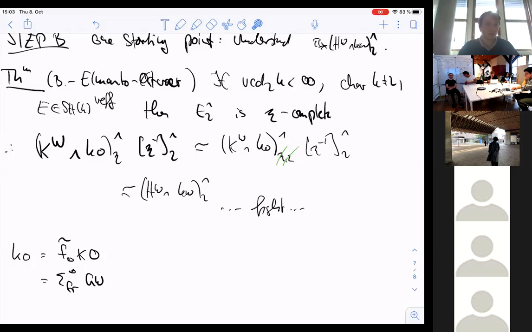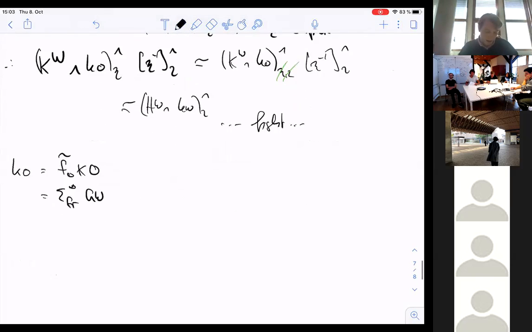Okay, maybe there are other questions. Just go ahead, folks. What is the capital K upper capital W in your last theorem? Right. It's not in the theorem, but it's used.